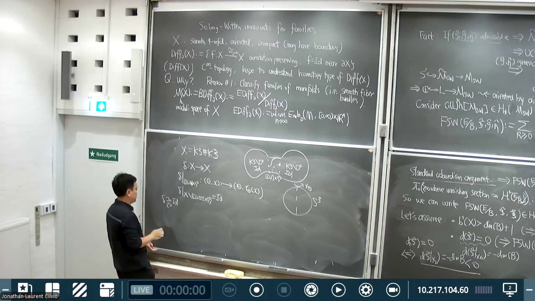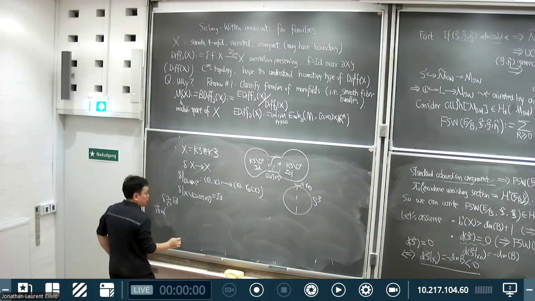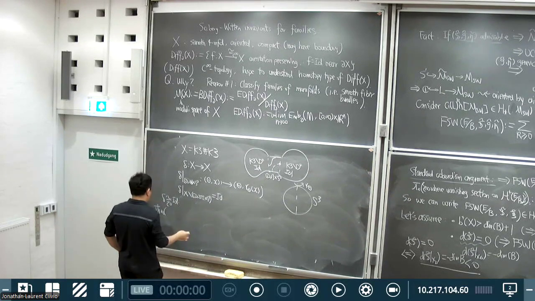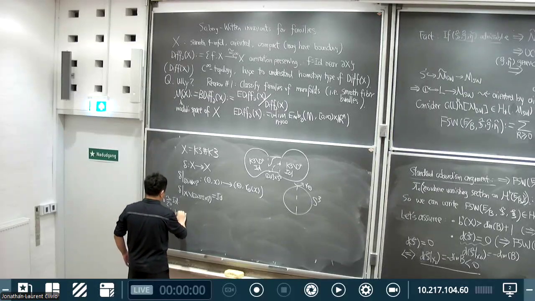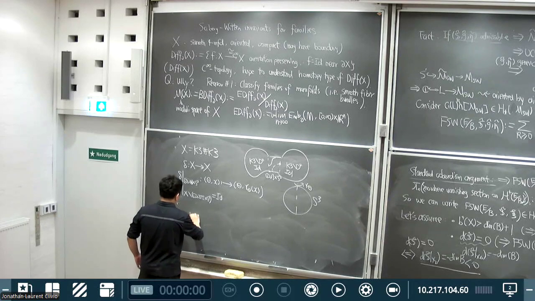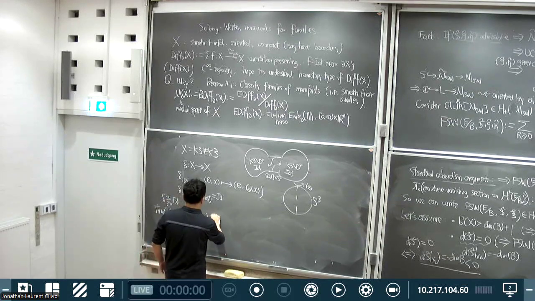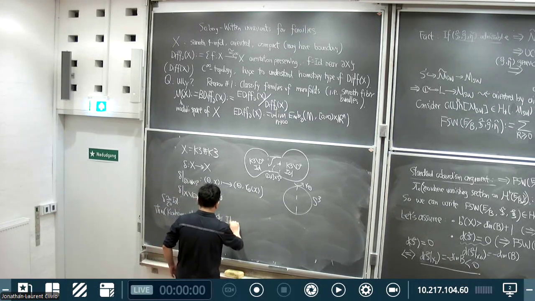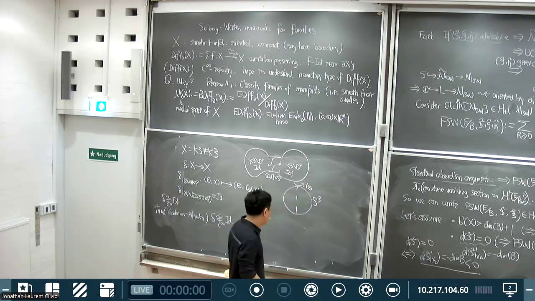But a surprising theorem by Kronheimer and Mrowka says that this F is not smoothly isotopic to the identity.